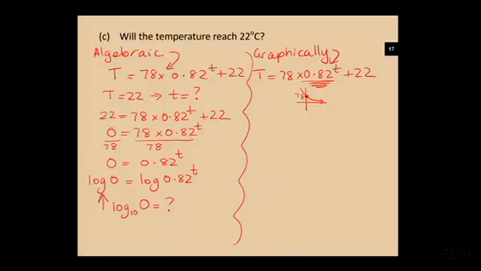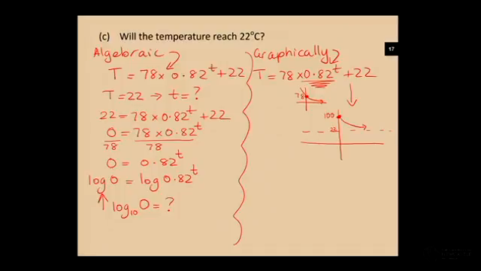But then I got to add 22. So my graph suddenly has a new asymptote and a new y-intercept, if you want to think of it like that. The whole graph went up 22, so the asymptote went up 22, so now it's at 22. The 78 went up 22. And was that not one of our first questions?